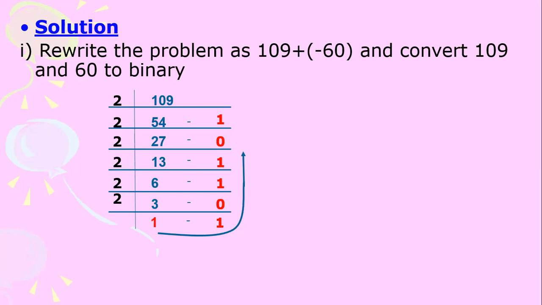Because we have gotten 1 as our last value, we pick it as a remainder, and following the arrow, as I have shown, pick the series of remainders as your binary. So in this case, we get 1, 1, 0, 1, 1, 0, 1 in binary.